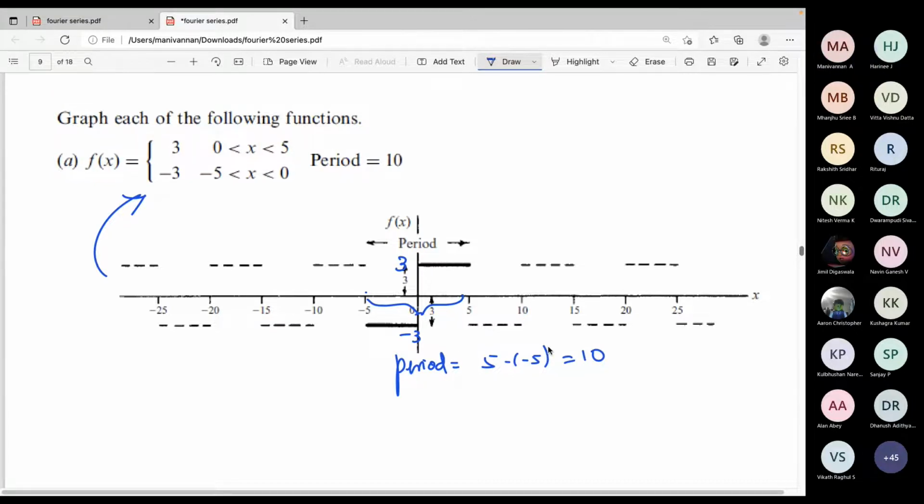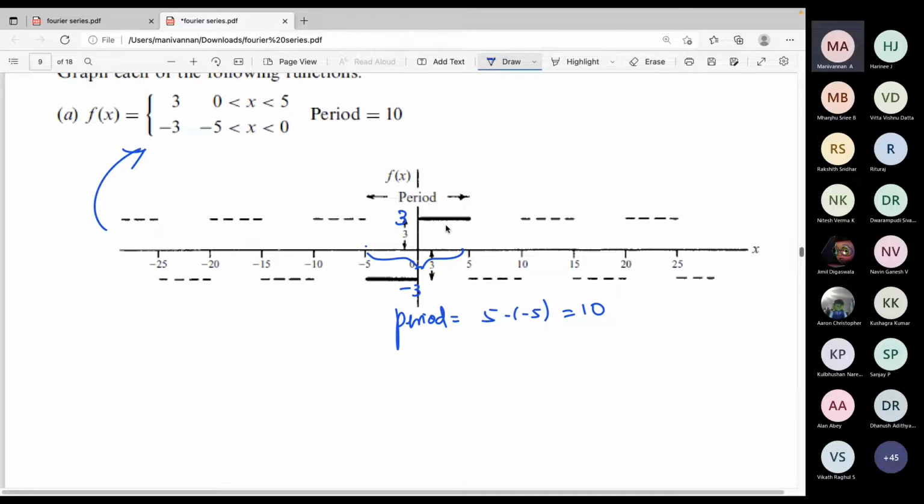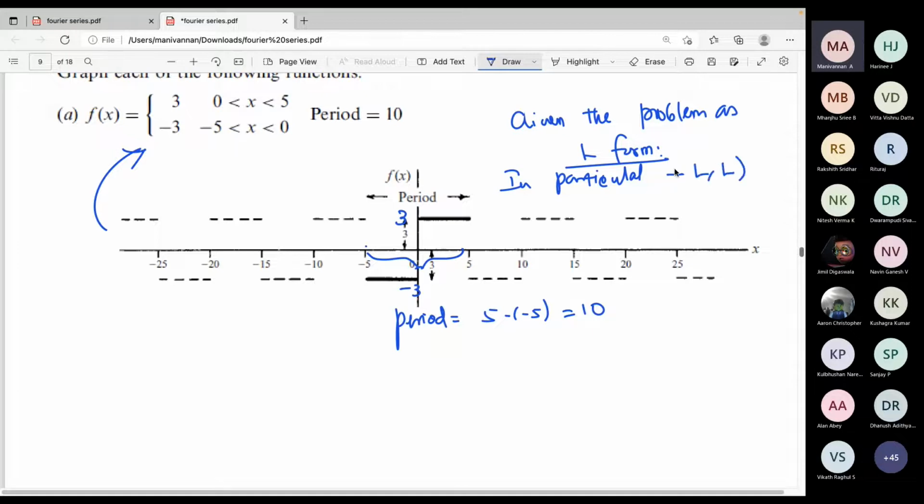So the function given in the problem is in L form, in particular defined on minus L to L. Here the period is 2L equals 10, so my L is 10 divided by 2, my L is 5.